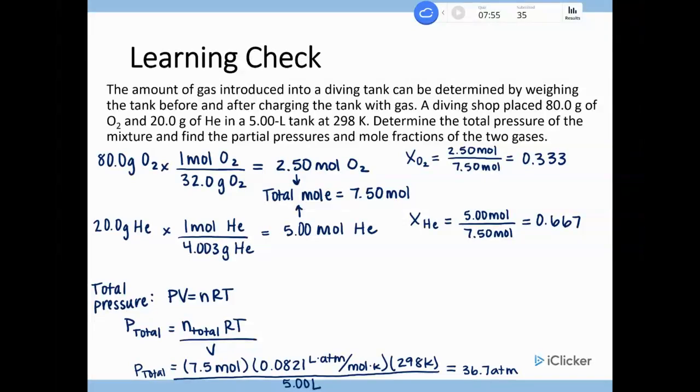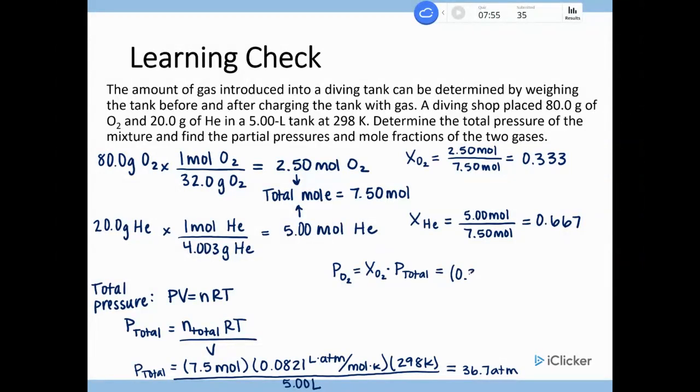Okay, we have total pressure. We need to find now partial pressures, and then we're done with the question. Remember, partial pressures we can calculate by multiplying the mole fraction times the total pressure. Partial pressure of O2 is the mole fraction of O2 times total pressure.